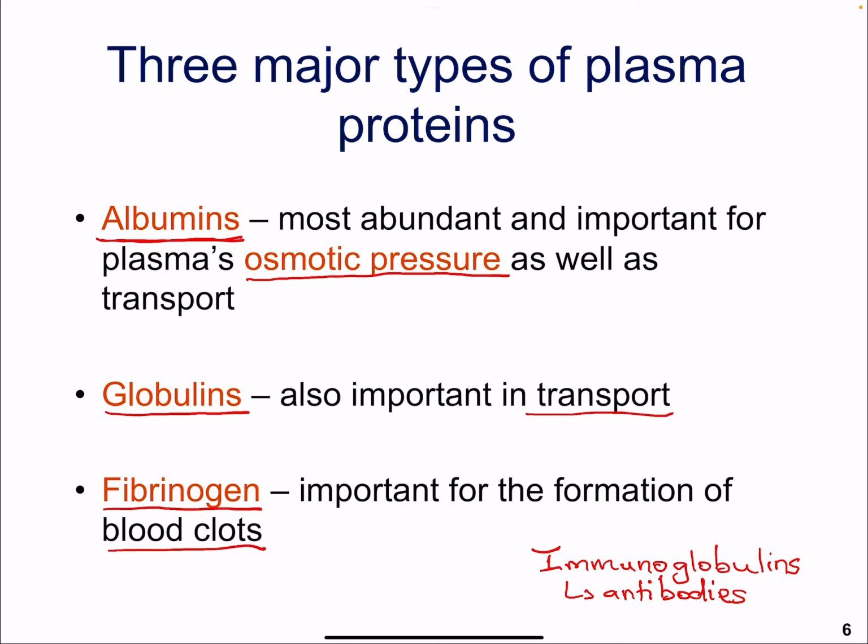The fibrinogen are these proteins that when they connect to each other like this, they form long threads. These threads eventually are going to form a network, and that network is what is going to prevent the blood from leaving blood vessels when there is a breach, right?